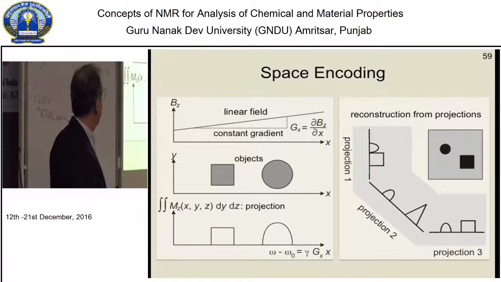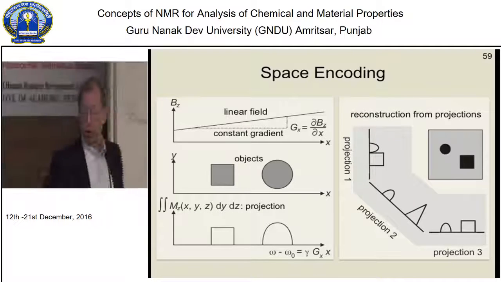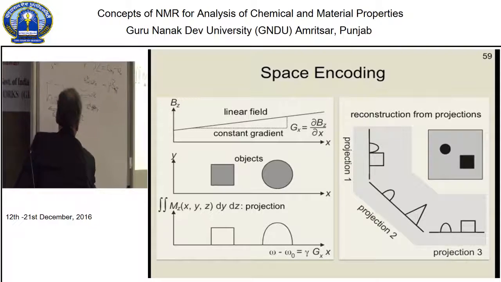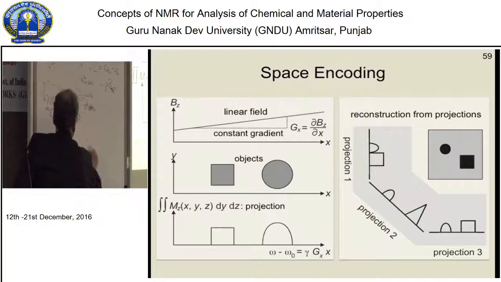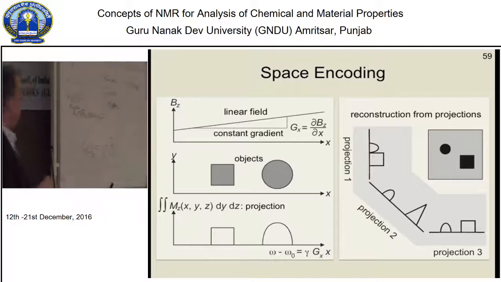We know that the NMR frequency is proportional to the magnetic field, by the fundamental equation omega equals gamma times B. The resonance frequency is proportional to the strength of the magnetic field.